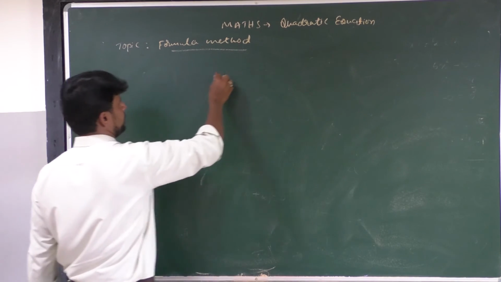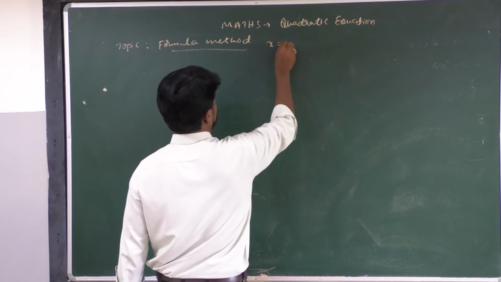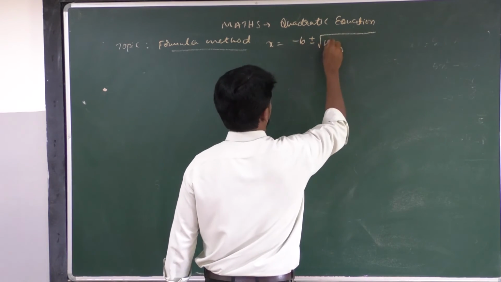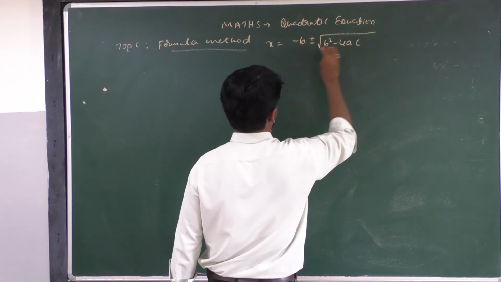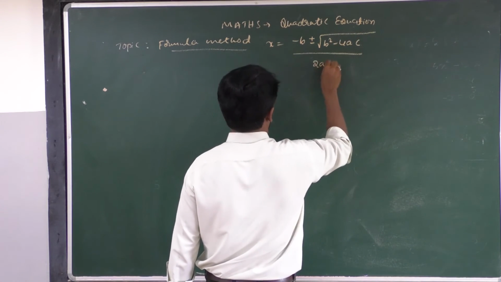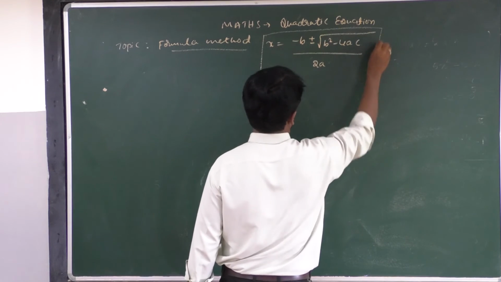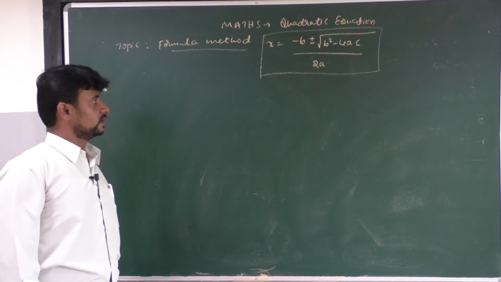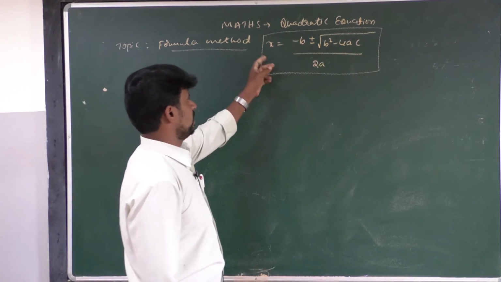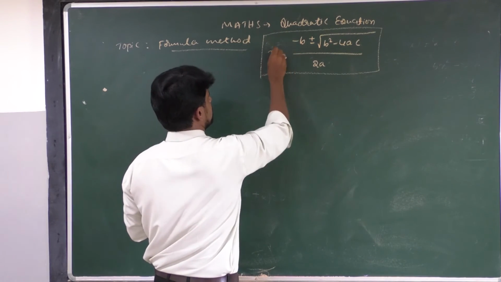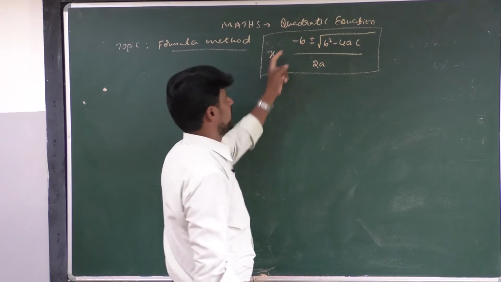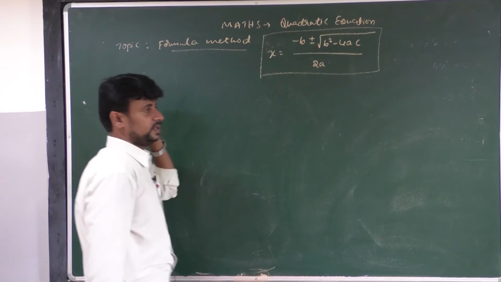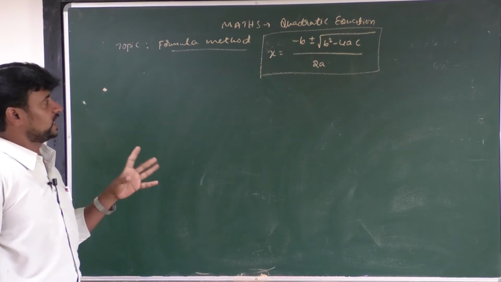The formula is x is equal to minus b plus or minus square root of b square minus 4ac, whole divided by 2a. This formula is used to find the factors of a quadratic equation. Okay. Here the value of x is equal to minus b plus or minus square root of b square minus 4ac divided by 2a. Okay. This formula is used to find the factors of a quadratic equation.